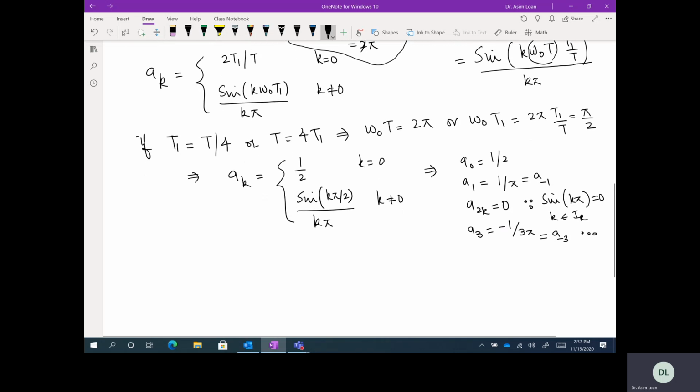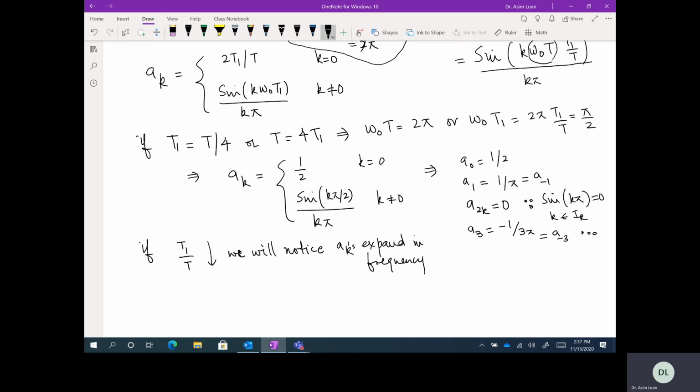And if t1 by T keeps on decreasing, then we will notice the a_k expand in frequency. And why is this? Because you are compressing.